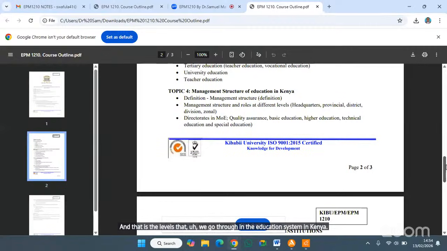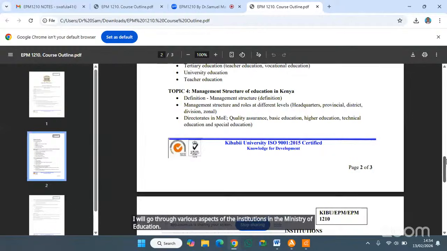Then the fourth topic is about the management structure of education in Kenya. We'll go through the various aspects of the institutions in the Ministry of Education, the different semi-autonomous institutions within the Ministry of Education.